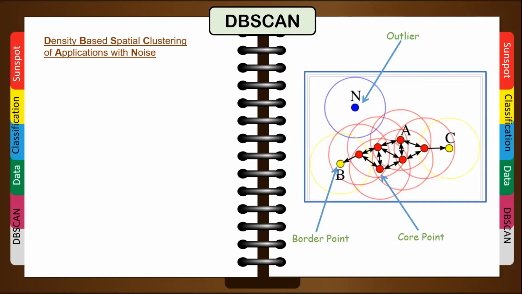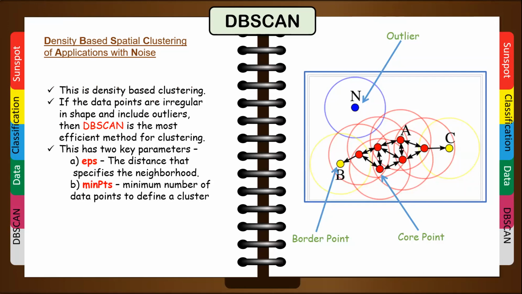So in this project, we will be using the DBSCAN technique, which is one of the unsupervised machine learning techniques. There are different machine learning techniques, but this one is very efficient for clustering of sunspots. Here you can see the basic understanding of DBSCAN.